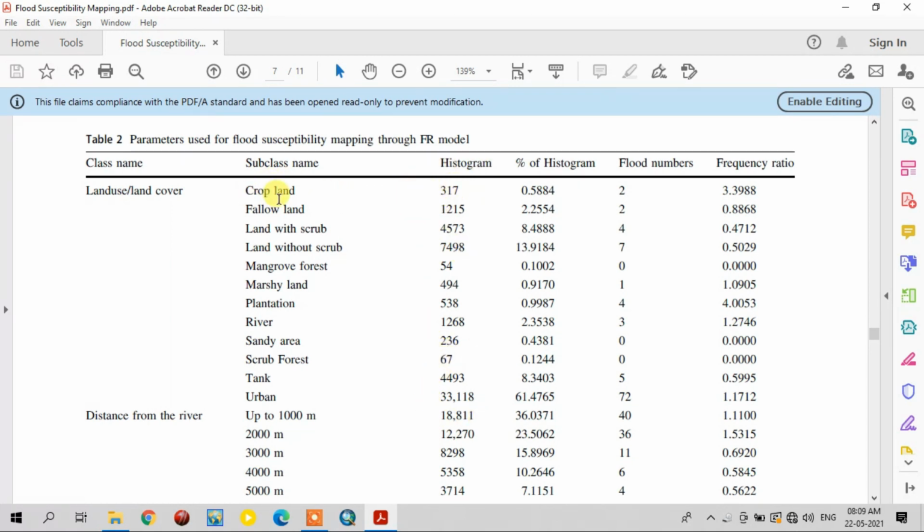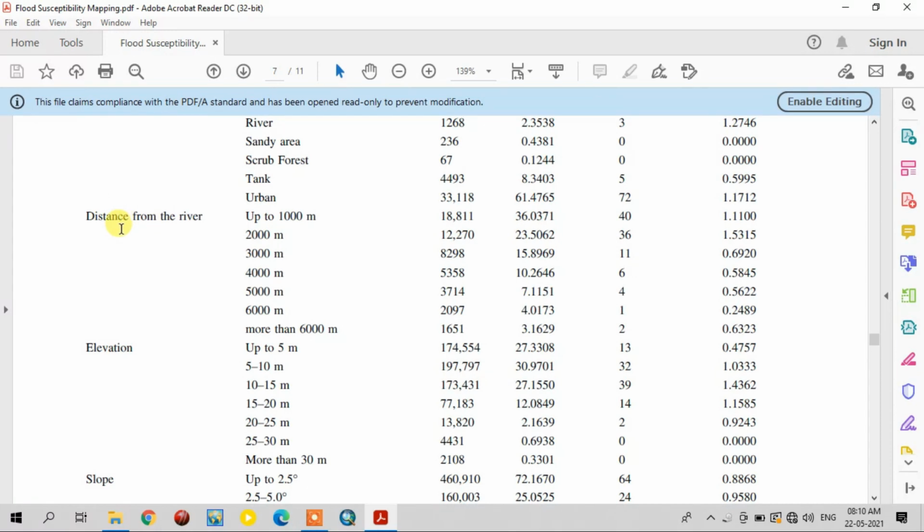These are all the areas of these individual subclasses, and this is the percentage of histogram, and this is the flood number occurred in every individual class. Cropland has 2 flood events, fallow land has 2 flood events, and here you see the urban area has 72 flood events in total of 100 flood events. This is the frequency ratio value calculated based on that formula. This is the first parameter.